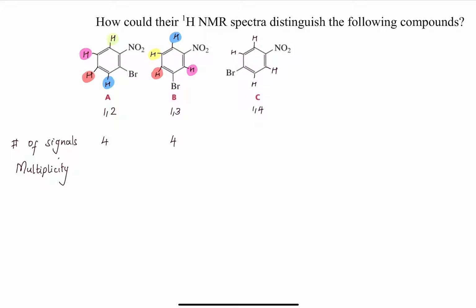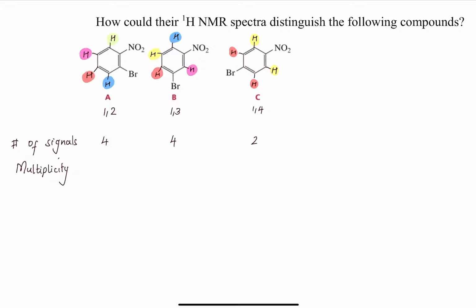I'm going to highlight each pair with the same color. On the whole, this compound is only going to give us 2 signals. So with the number of signals, we can definitely differentiate this compound from the other 2. But how are we going to differentiate between these 2 compounds?